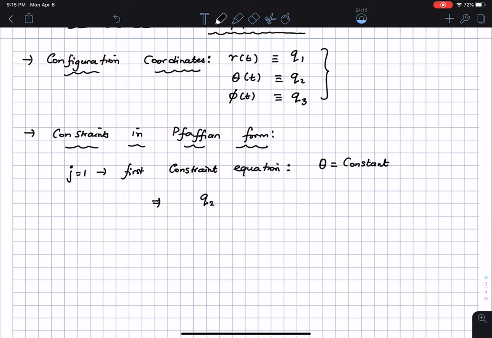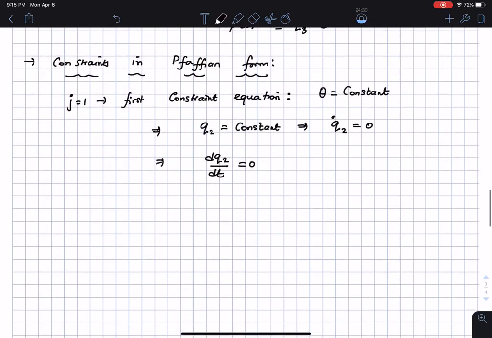So q2 is equal to a constant, which implies that q2 dot is equal to 0, which implies that dq2 by dt is equal to 0. The Pfaffian form of that first constraint equation is 0 times dq1, plus 1 times dq2, plus 0 times dq3 is equal to 0. This is the first constraint equation in the Pfaffian form.